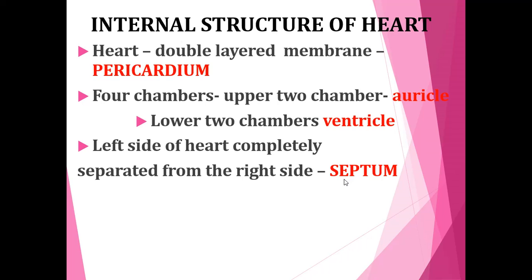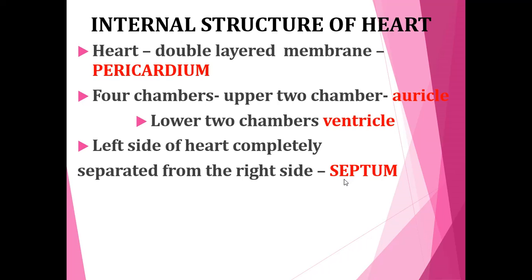So children, what is meant by oxygenated blood? Oxygenated blood means blood rich with oxygen. In the last video I explained that oxygen combines with hemoglobin and forms oxyhemoglobin, which is transported to all parts of the body. That is oxygen rich blood. And what is meant by deoxygenated blood?